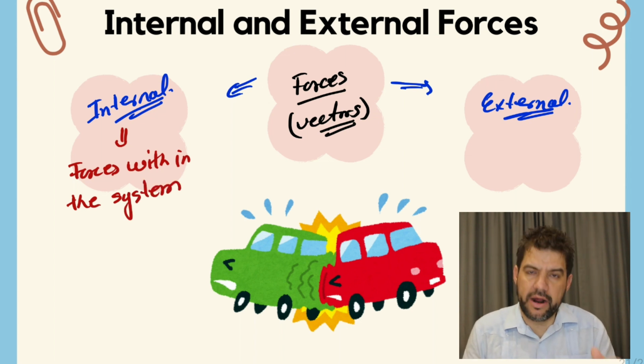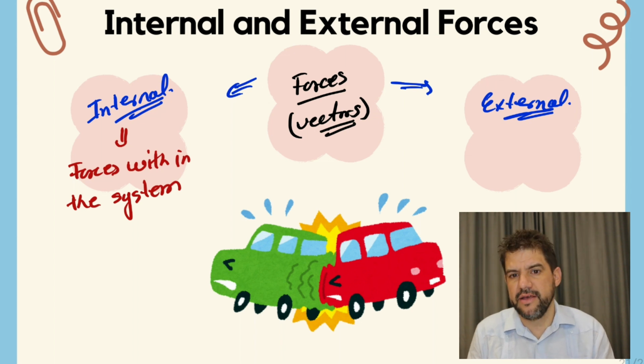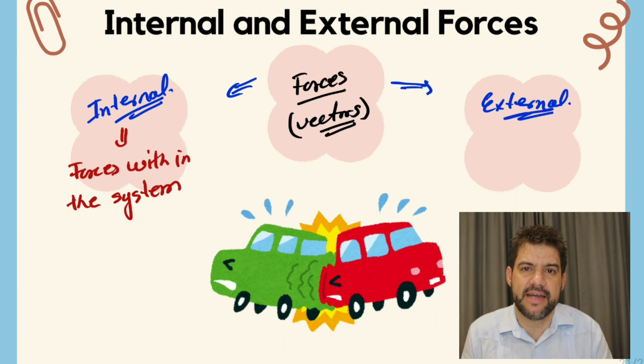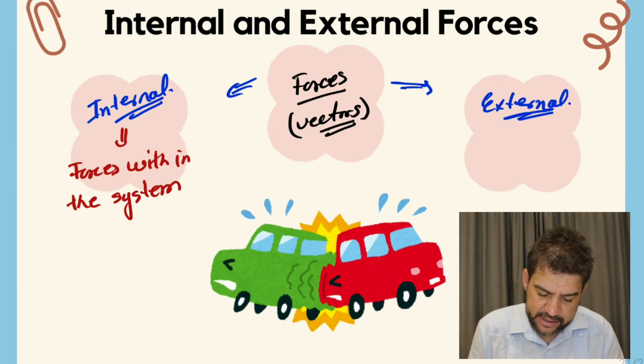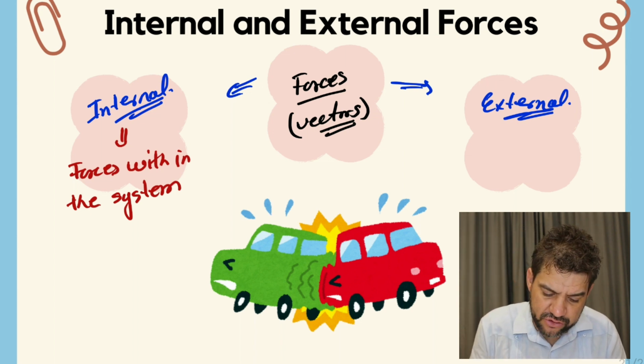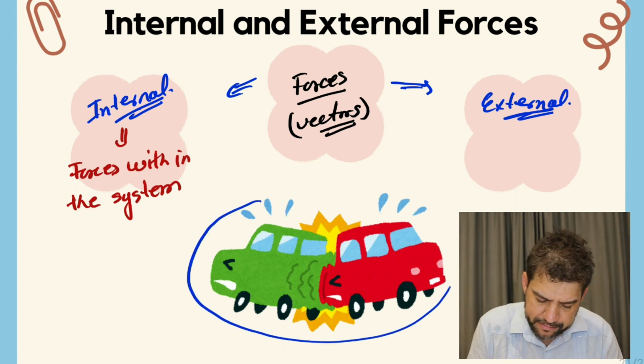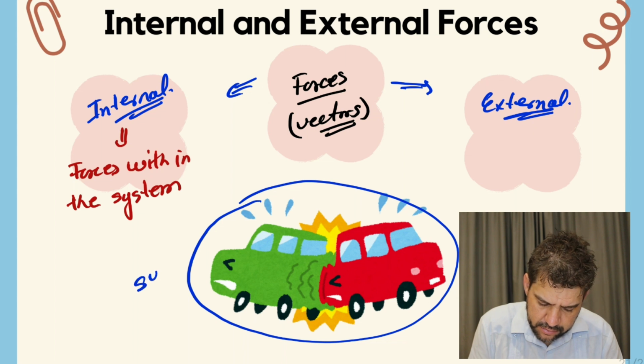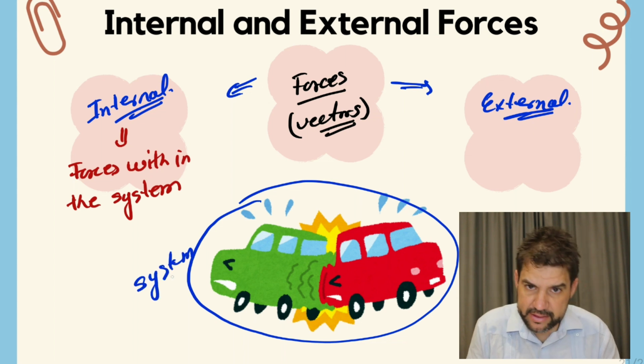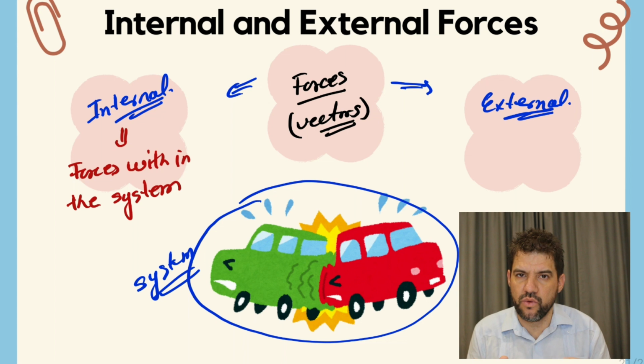For example, if we have this collision between two cars, the force that one car exerts on the other car, that is an internal force. Let's, for instance, say that this here is our system. So everything that is within the system is what we call internal force.